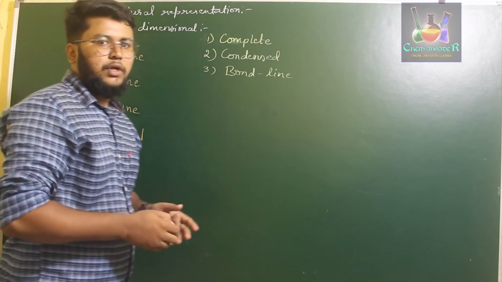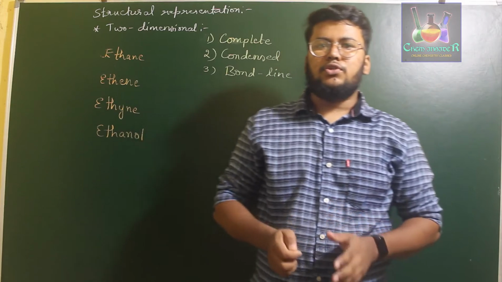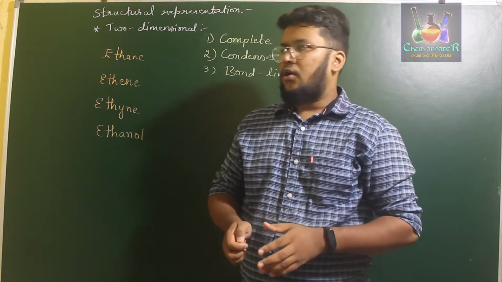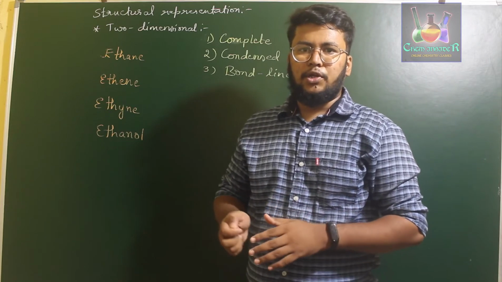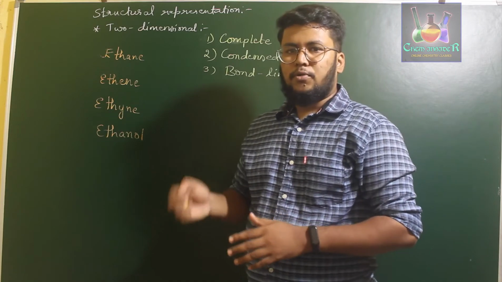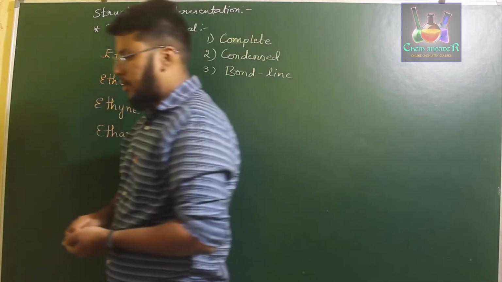So whenever you have to represent an organic compound, first you need to know its molecular formula. If we know its respective molecular formula, then it can be represented in several structural formulas.